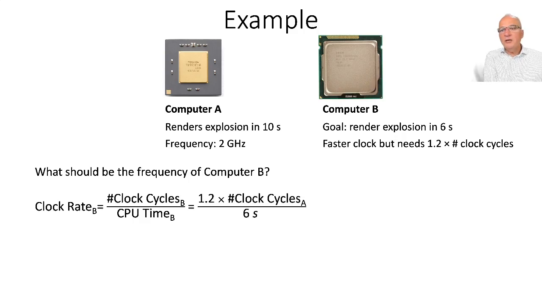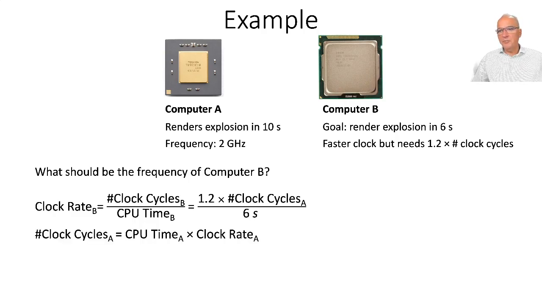Well, I know that the number of clock cycles that computer B is going to have to execute is 1.2 times the number of clock cycles that computer A will have to execute. And I know that the CPU time of computer B has to be 6 seconds because that's the goal that was given to me by the graphics designing team.